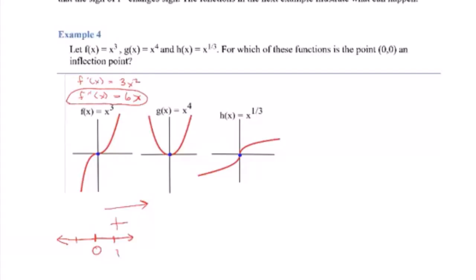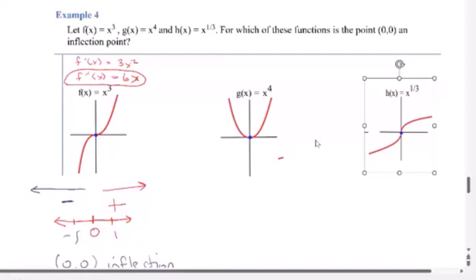And on this side, we have a negative concavity, because these are all negative numbers. -1 times 6 is -6. That means everything to the left of 0 is negative. And so (0, 0) is my inflection point, because notice I am changing signs. So for x cubed, at (0, 0), we have an inflection point.